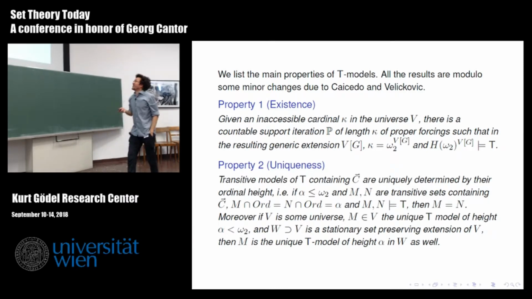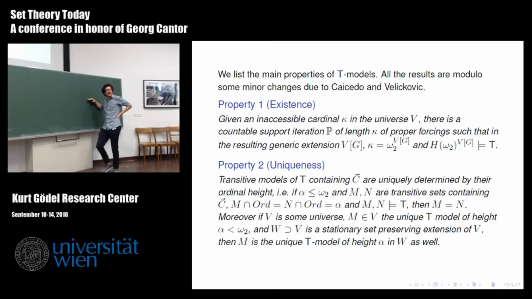And then there is this very impressive uniqueness property: whenever we have a T model, it's completely determined by its ordinal height. So this is very, very robust in some sense.